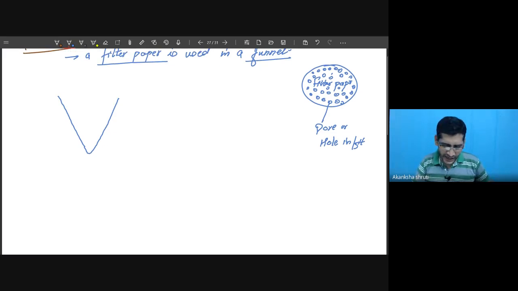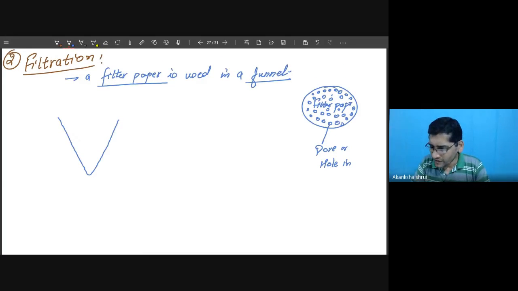These pores are such that they allow particles of size smaller than the hole.